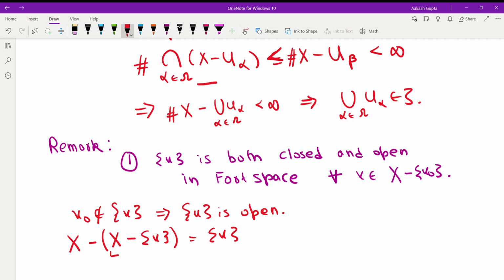So this implies that this set X minus singleton x, its complement is finite, right? So what it implies? This is an open set. So X minus singleton x is open.